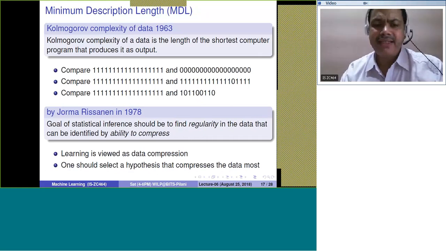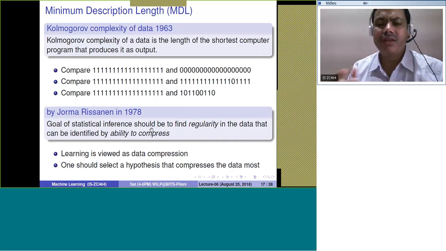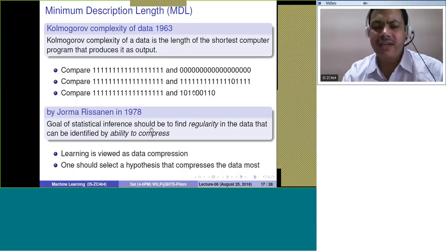Then in 1978 there was a concept by Rissanen, and it says that the goal of statistical inference, whenever I am going to learn something from the data, should be to find the regularity in the data. How well I find the regularity can be judged by how much I can compress the data.